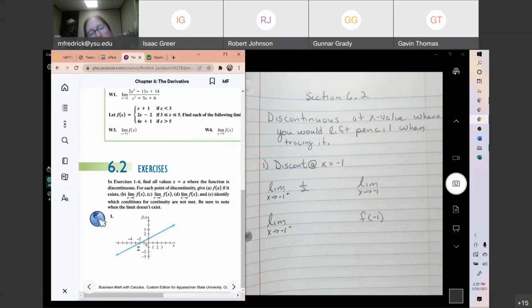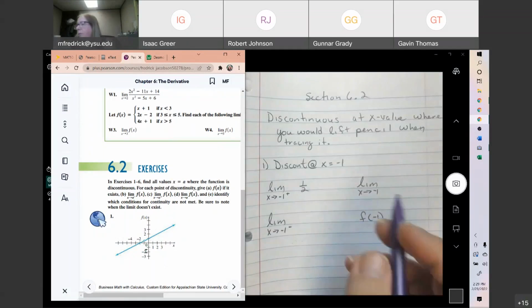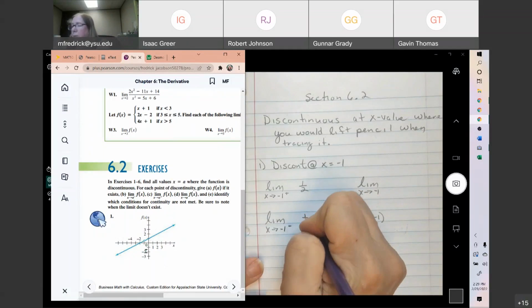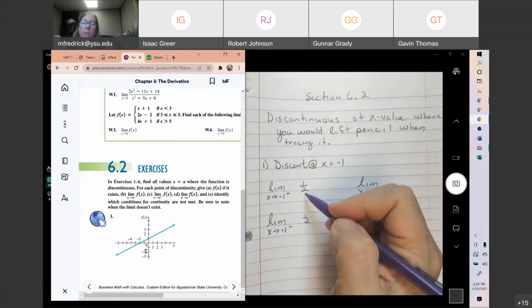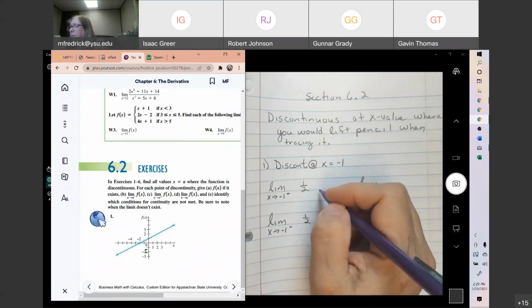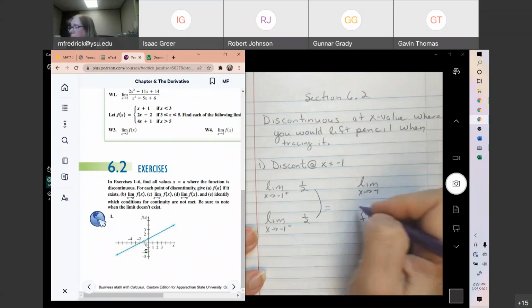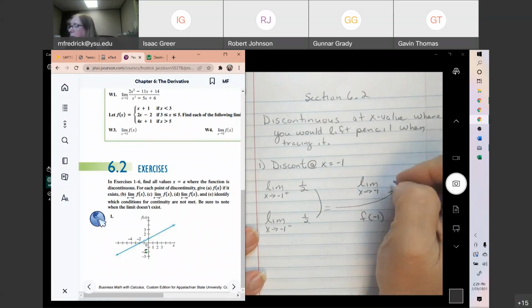And my line comes in this way, but notice they're both coming in at the same open circle. So they're both going to have the same answer because they're both coming in together. And it is also 1/2. So when they come in together, these two are going to be equal. And if these two are equal, this one is the same.